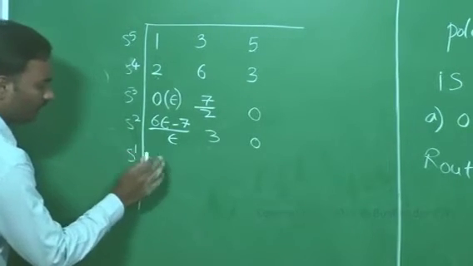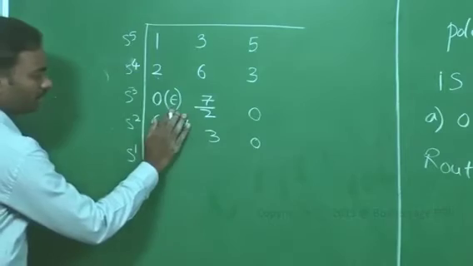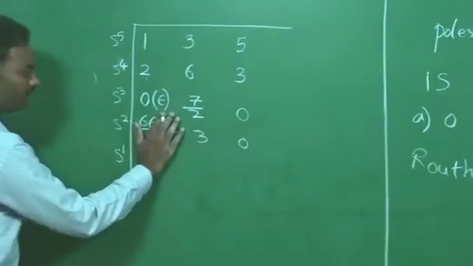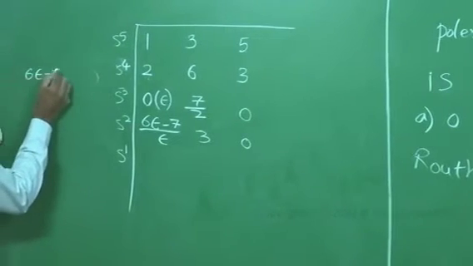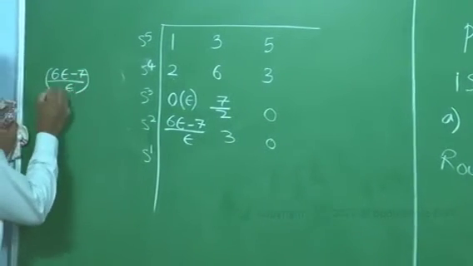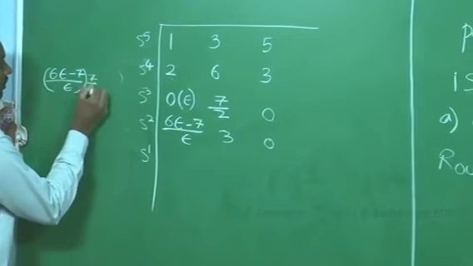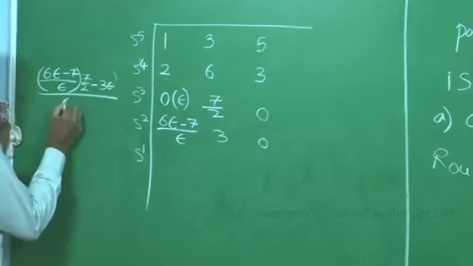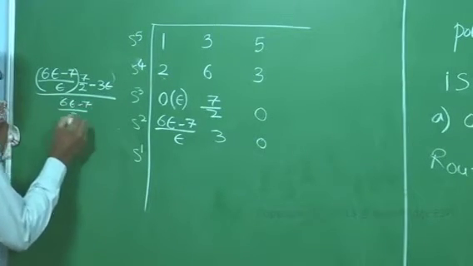For the next row, the element here will be this term multiplied by this term minus 3 epsilon, divided by this term, that is (6 epsilon minus 7 by epsilon into 7 by 2 minus 3 epsilon) whole divided by this term, 6 epsilon minus 7 by epsilon.